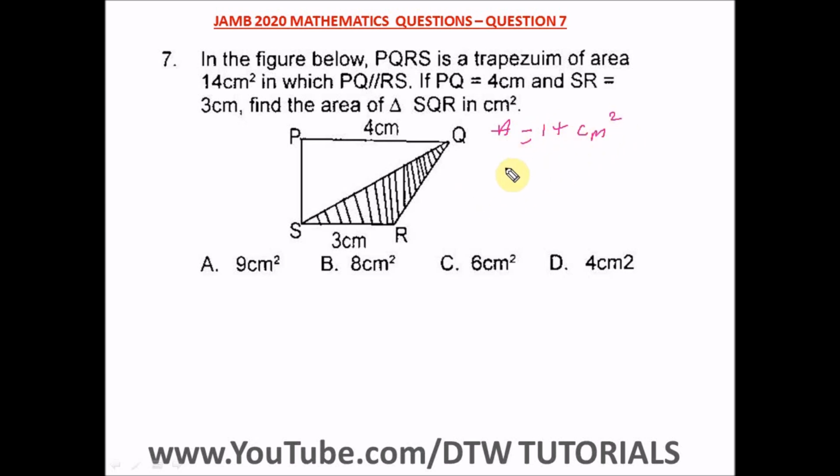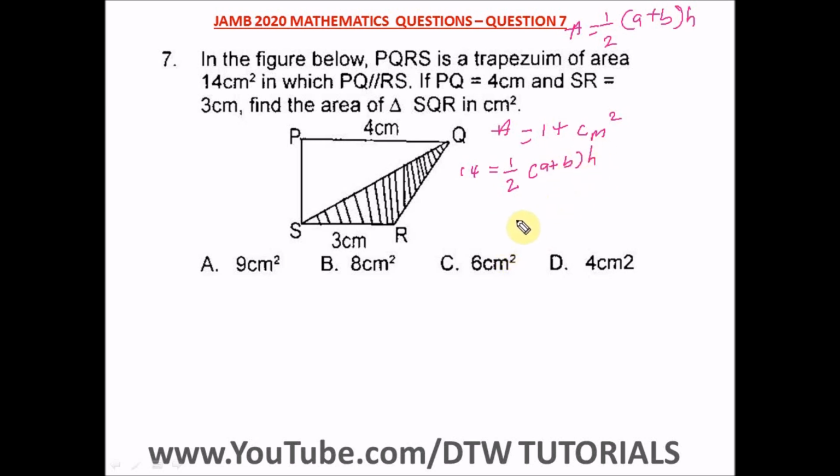And you recall that the formula for the area of a trapezium is A equals 1 over 2 (a plus b) times h. So this is the formula for the area of a trapezium. Therefore we are equating 14 to this. So we have 14 equals 1 over 2 (a plus b) h.